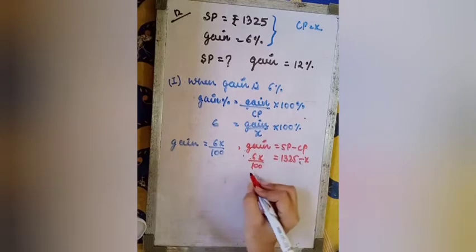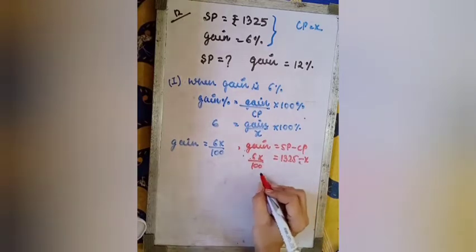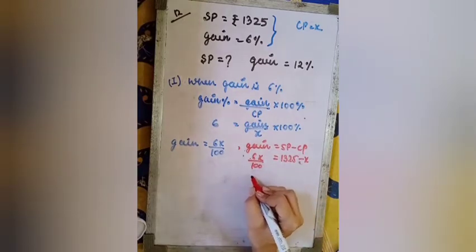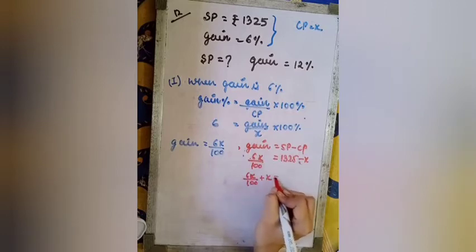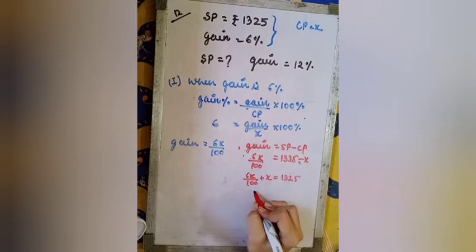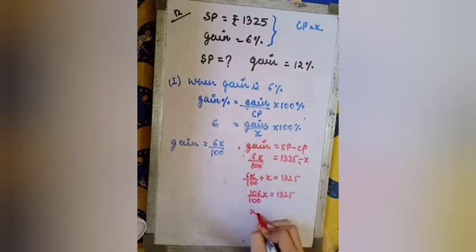Now from here find the value of x. It is 106 upon 100 x equals 1325, so x equals 1325 into 100 upon 106.